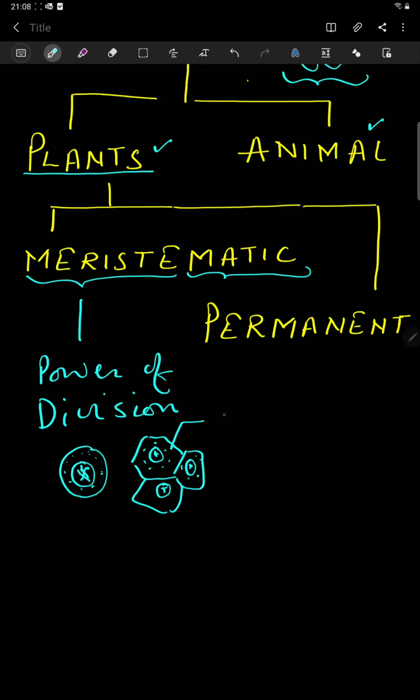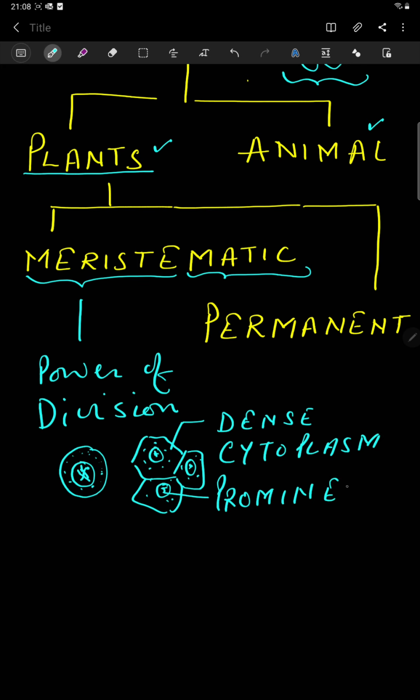So dense cytoplasm and prominent nucleus, a prominent big-size nucleus. In these cells, least variation is there, no variation at all. These cells will modify after dividing and will convert into permanent cells.